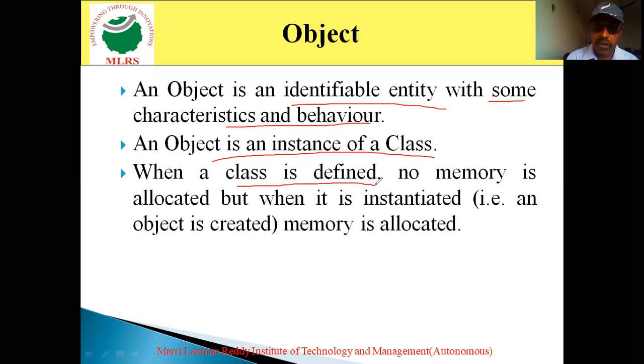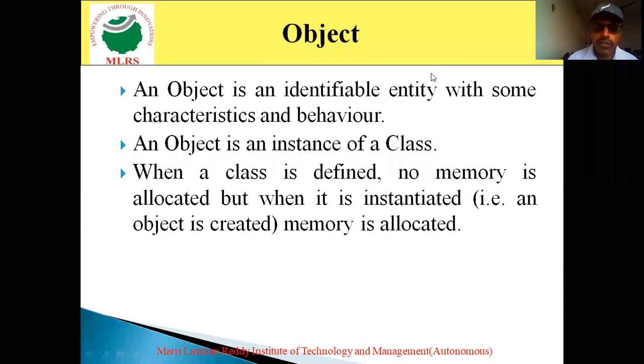But it will not create any memory for the data members and member functions until you create the object of the class. When you create the object of the class, then only the memory will be allocated. So this is the way how we define or create the object of a particular class.